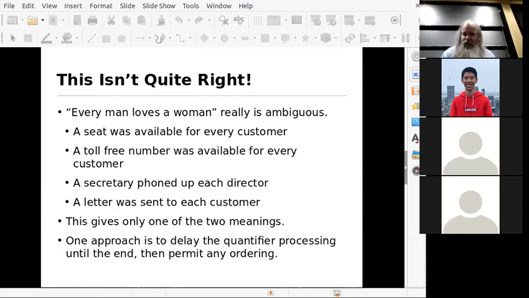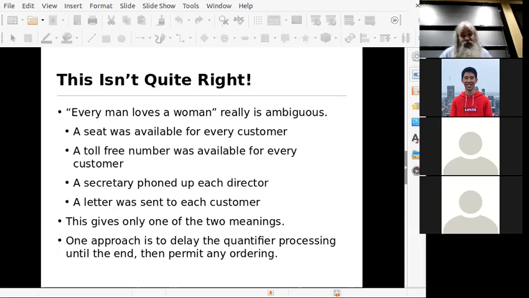And then if I say something like a secretary phoned up each director, okay, it doesn't have to be even a different secretary for each director or one secretary called them all. It's just we have some secretaries, we have some directors. They called until everybody, all the directors were called. So there's actually other interpretations too. Likewise, a letter was sent to every customer, okay?